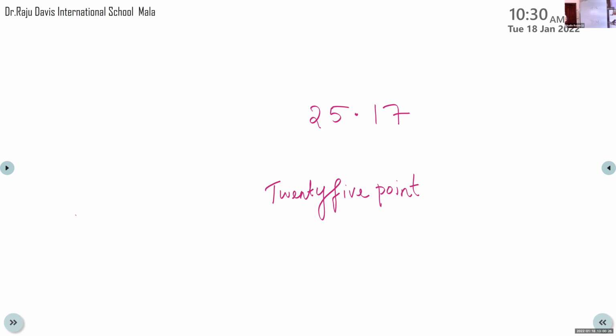How to read? 17, like that can we read? What's the mistake, Siddharth? She's saying 17. After the decimal point, children, we have to separate 1 and 7. We cannot say them together. Okay, Yashika? How to read this?